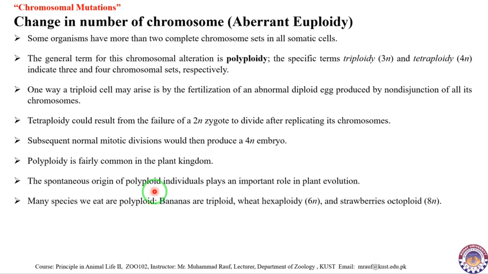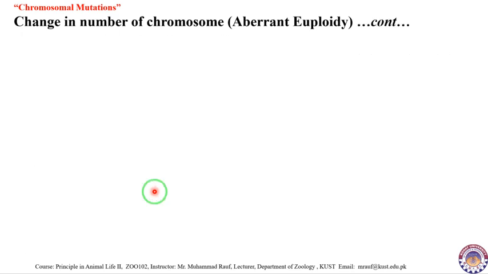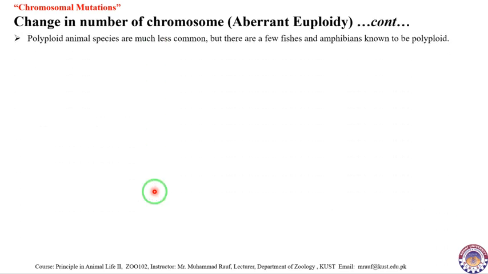Many species we eat are polyploid: bananas are triploid, wheat is hexaploid, and strawberries are octaploid. Polyploid animal species are much less common, but there are a few fish and amphibians known to be polyploid.